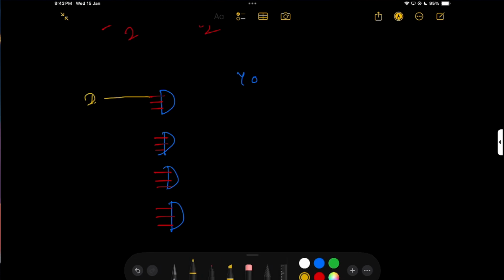This is my I0, and everything is connected with I0. This is my I1, and it is connected here.